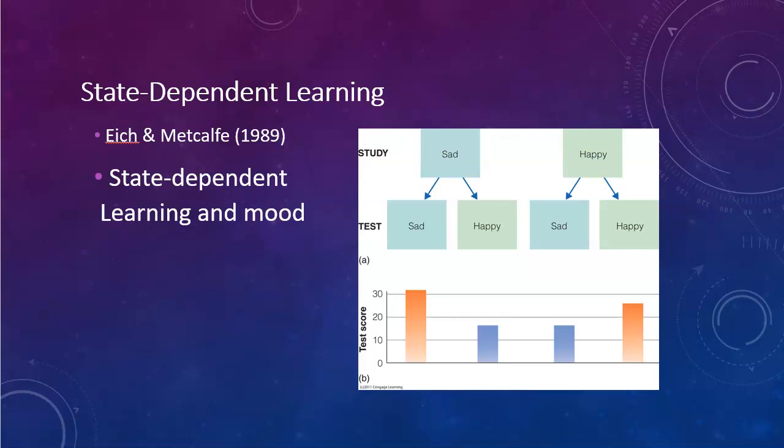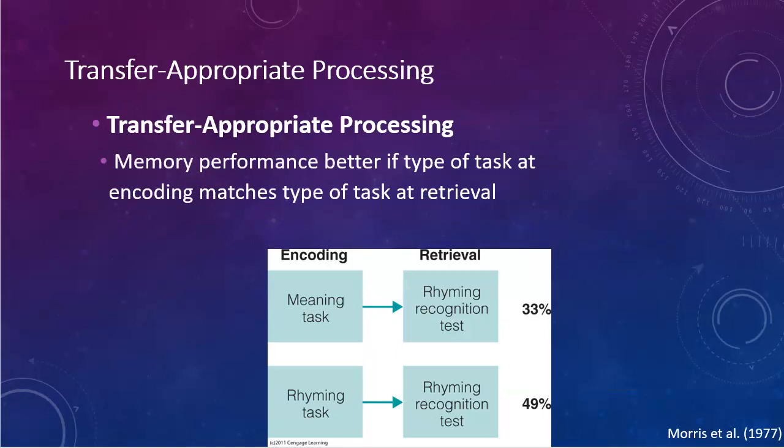Now the final one of these matching conditions would be transfer-appropriate processing. This is when your memory performance is better if the type of task at encoding matches the type of task at retrieval.